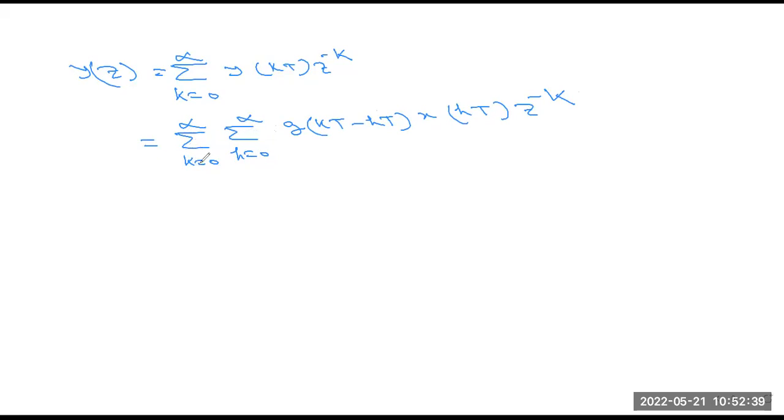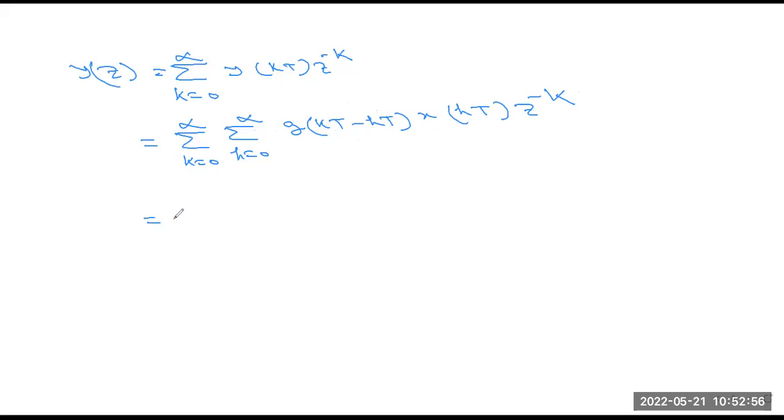One is k from 0 to infinity, the first, for the pulse transfer function. Another one is h from 0 to infinity. These are the two summations of these functions.